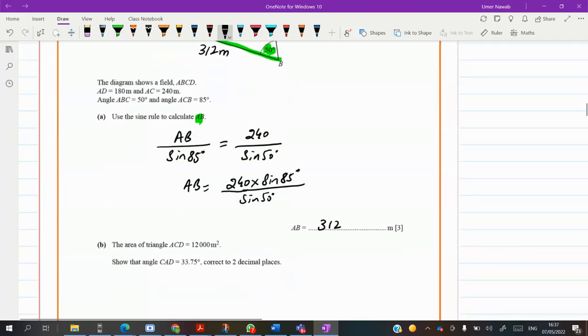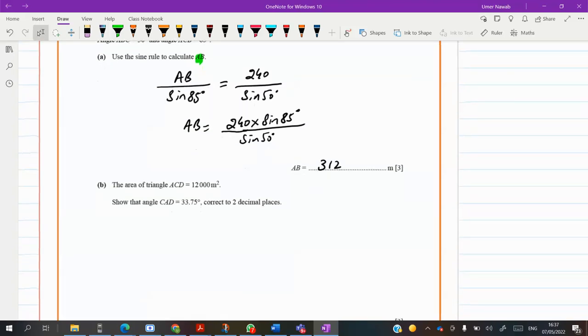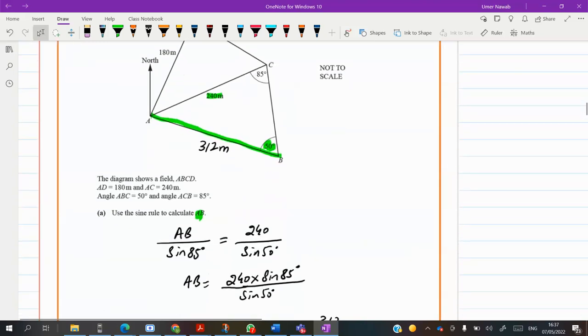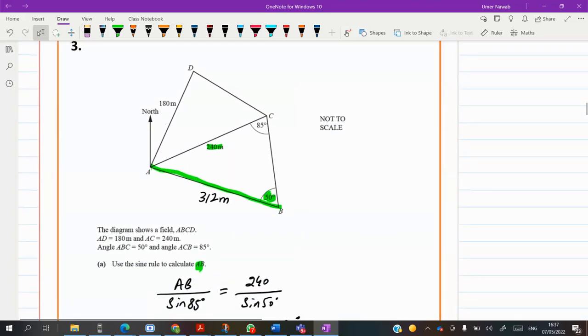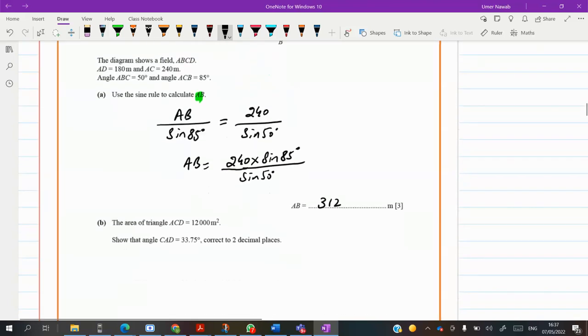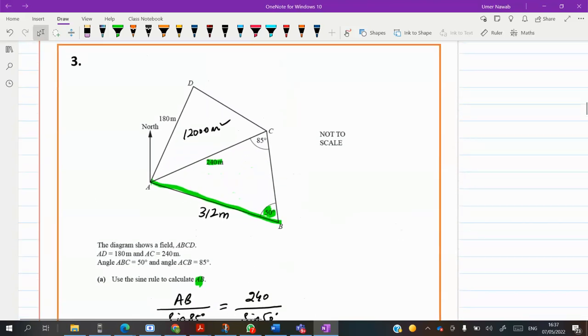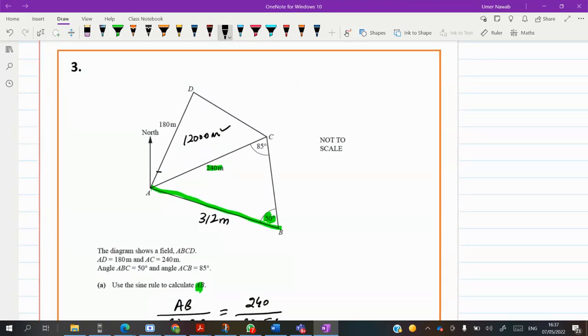We found it. The area of ACD is given to us, 12,000 meters squared. We want to find which angle? CAD, this angle. Okay.